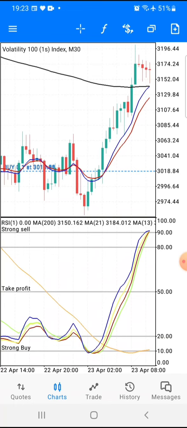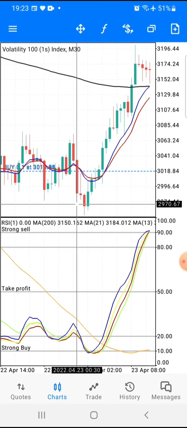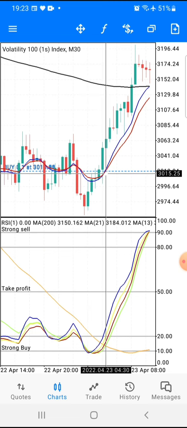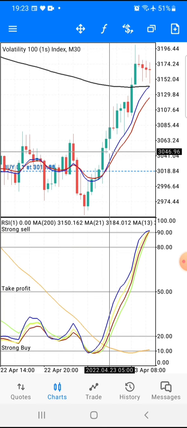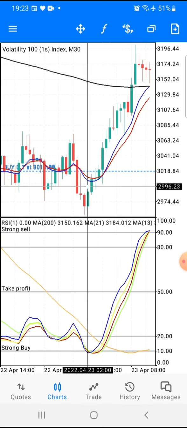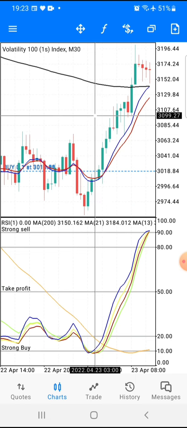The red line, or maroon, went under the price, it went under the blue line. The blue line came on top of the red, so that's a strong indication of the market going up, guys. They're even pointing upwards.